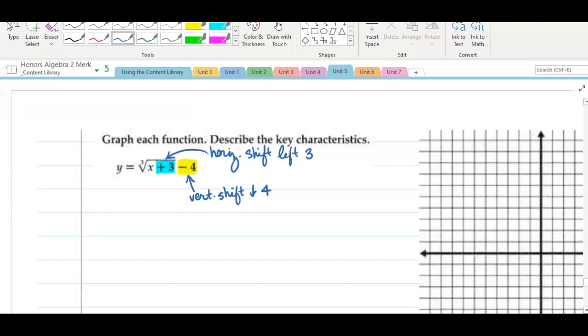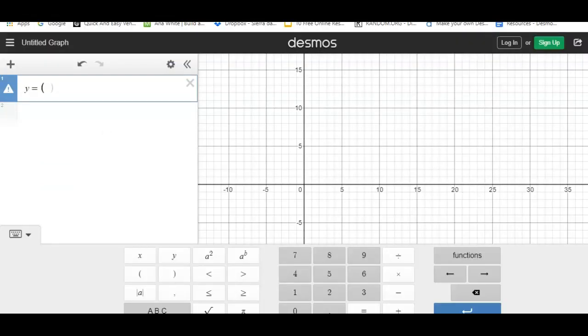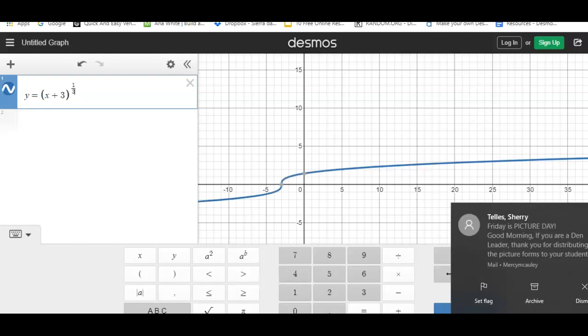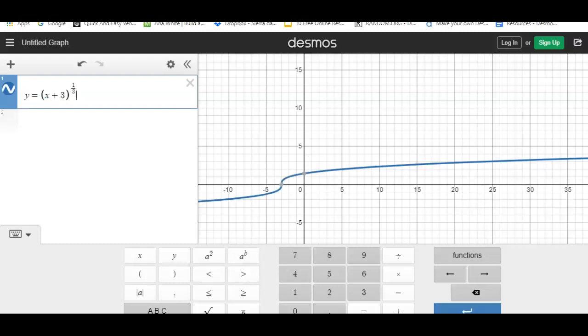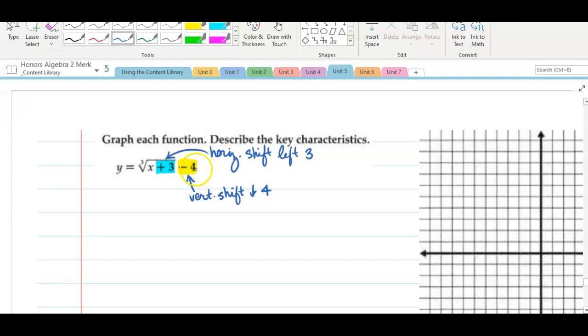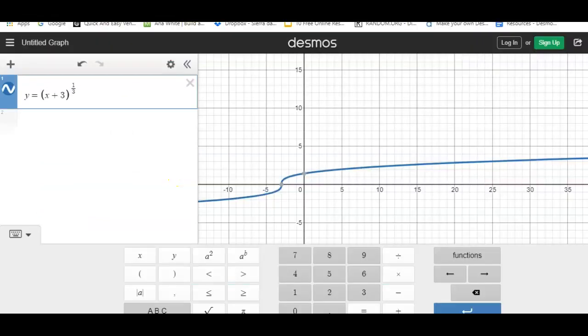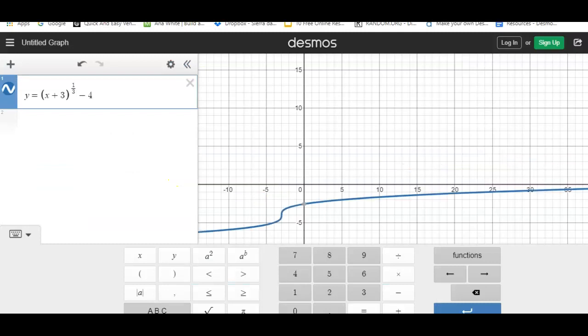So instead of the cube root of x plus 3, I'm going to type x plus 3, and then I'm going to do shift 6 to make an exponent, or I could have used this button down here, and I'm going to type 1/3. That makes it cube root. And then the part outside the cube root is subtract 4. So I'm going to push subtract 4.